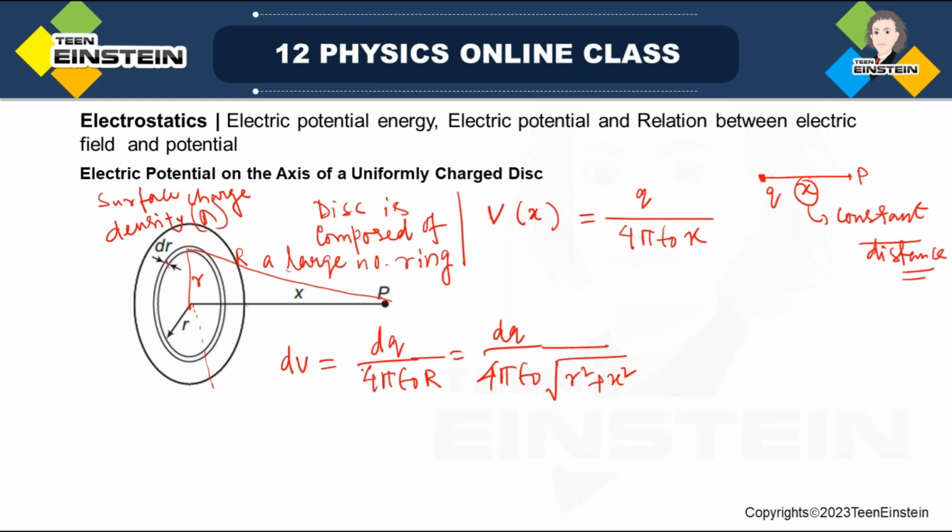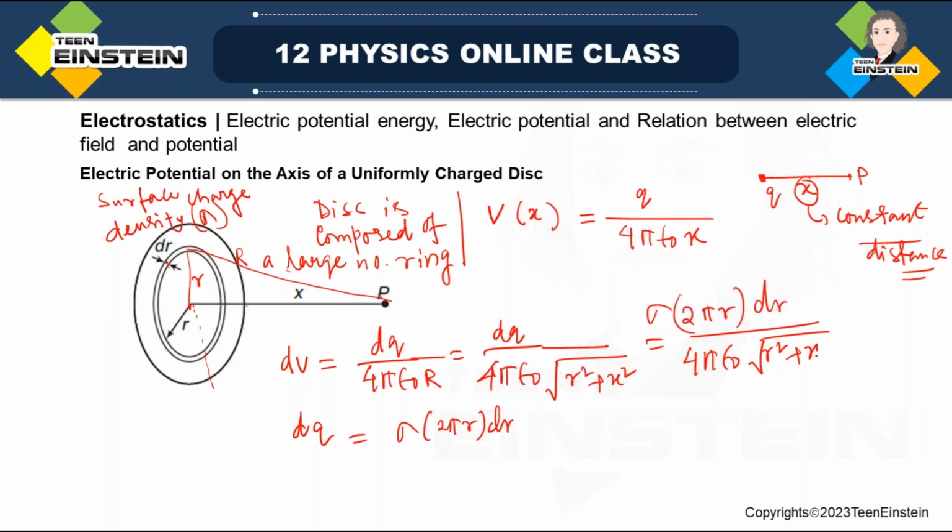Now here we had to find out what dq is. dq is sigma into area. What is the area? Area will be 2 pi r dr. Sigma into area, and if we put this value here, what we get is sigma into 2 pi r dr divided by 4 pi epsilon naught square root of r square plus x square.